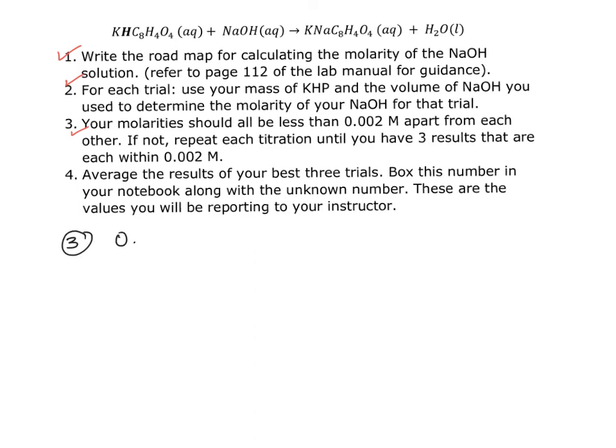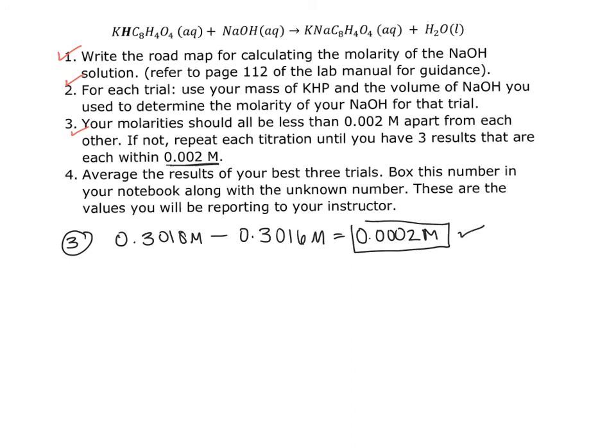So let's say my largest value, for example, is 0.3018 molar. My smallest value maybe is 0.3016 molar. And when I subtract the two, I get 0.0002 molar, which is indeed less than 0.002.